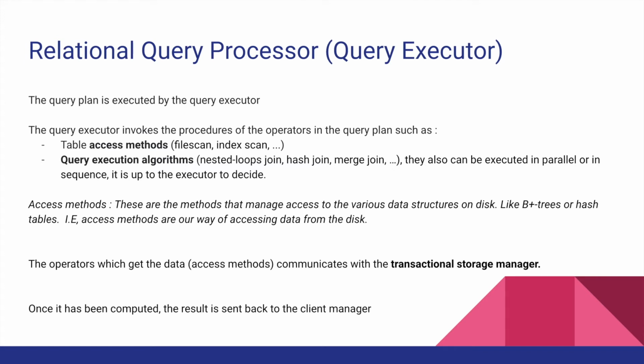So they take the data from it and pass it to the next operators of the query plan. And the next operators will complete the result, and the result will be returned to the client manager. Now we'll see how the query executor communicates with the transactional storage manager to get and write the data.